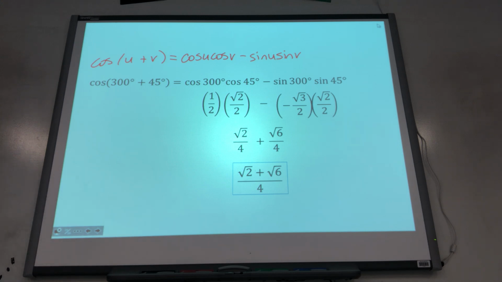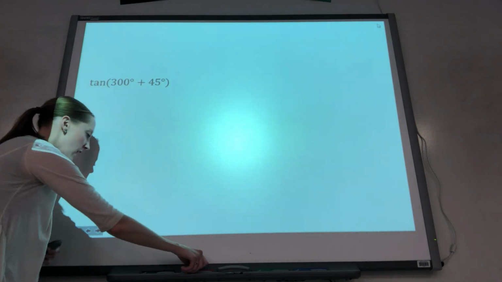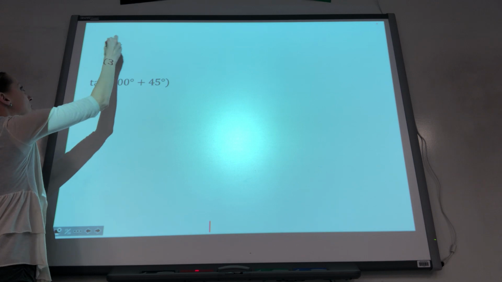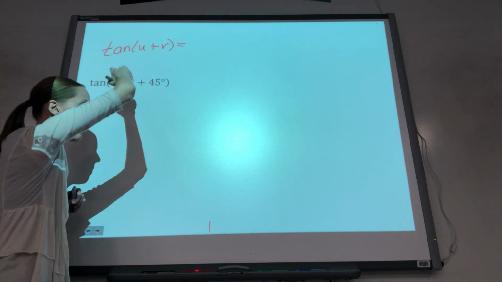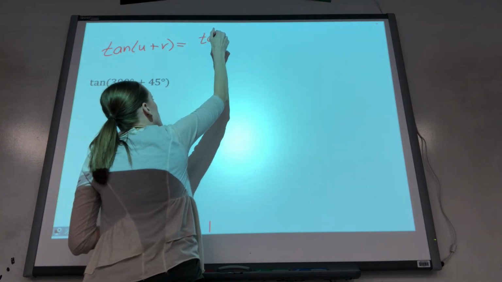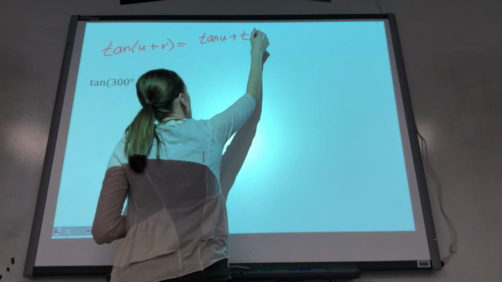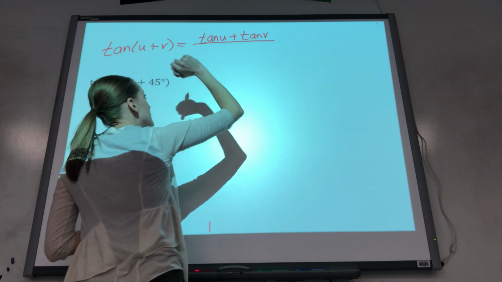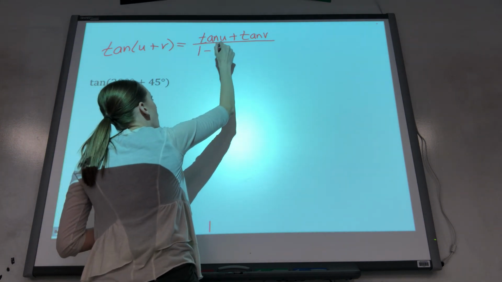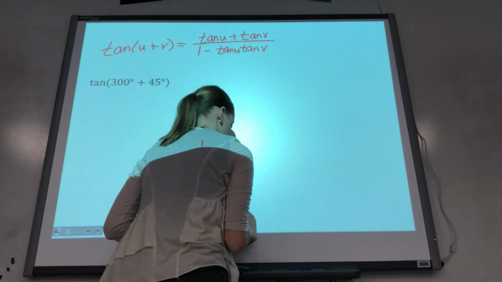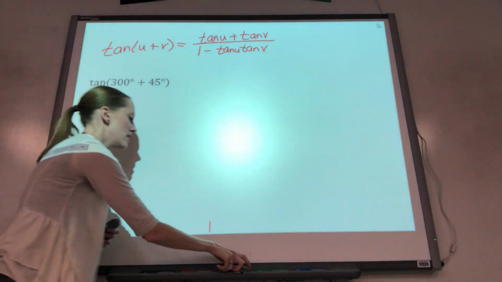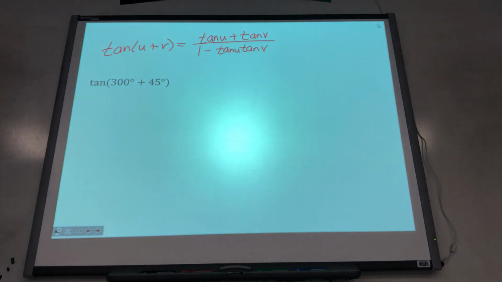Now, the last part of the problem is tangent. So here we go. I'll try to put this formula back up here. Tangent of u plus v equals tangent of u plus tangent of v, all over 1 minus tangent of u times tangent of v.